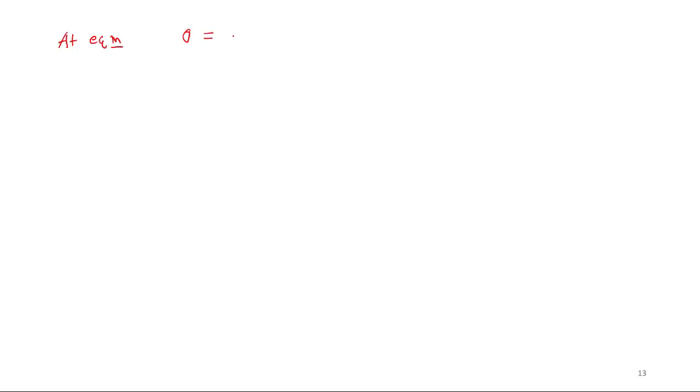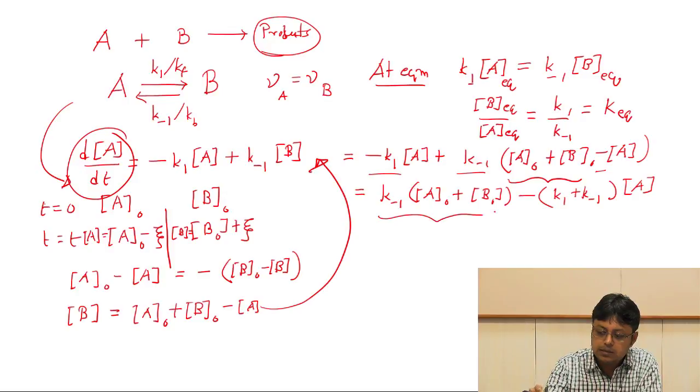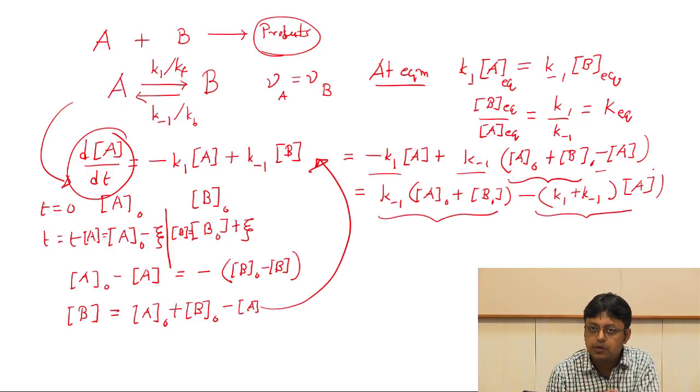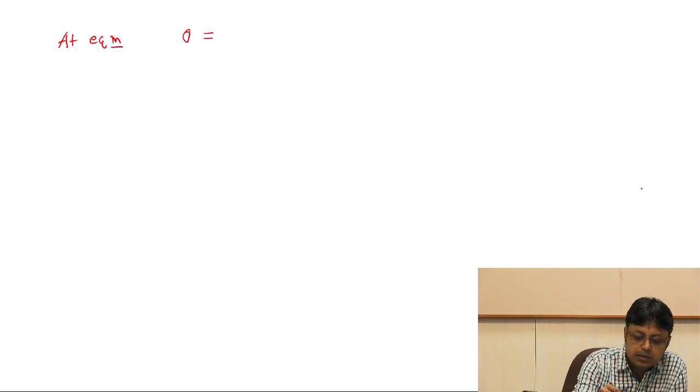So dA dt will be 0, which will be nothing but the constant term, minus this term, but instead of A, we'll write A equilibrium, which is the equilibrium concentration of A. So we get K minus 1 times A0 plus B0 minus K1 plus K minus 1 into A equilibrium.